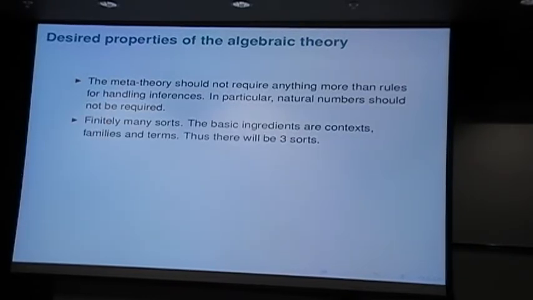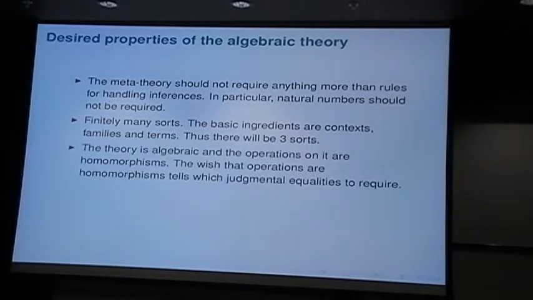Consequently, there have to be finitely many sorts. In this case, there will be only contexts, families, and terms. So there are going to be just 3 sorts. Which means that in my categorical implementation, in the category with finite limits, I will have 3 objects for contexts, for families, and for terms.